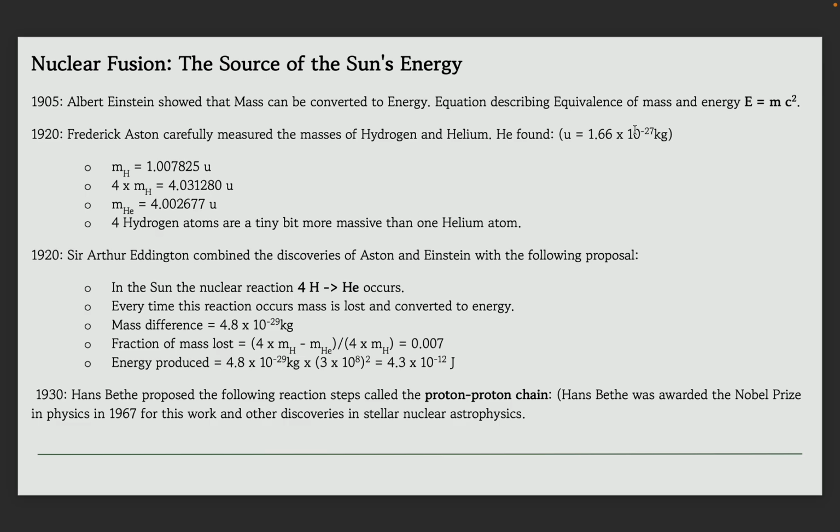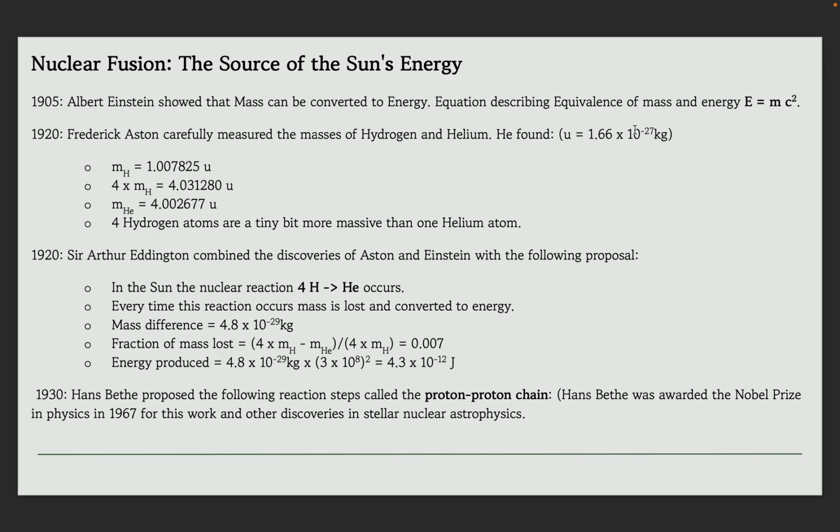Eddington combined the discoveries of Aston and Einstein and proposed a new kind of model in 1920. He said that inside the sun there is a nuclear fusion reaction where 4 hydrogen atoms combine and 1 helium atom is created. Every time this reaction happens, some mass is lost and the lost mass is converted to energy.